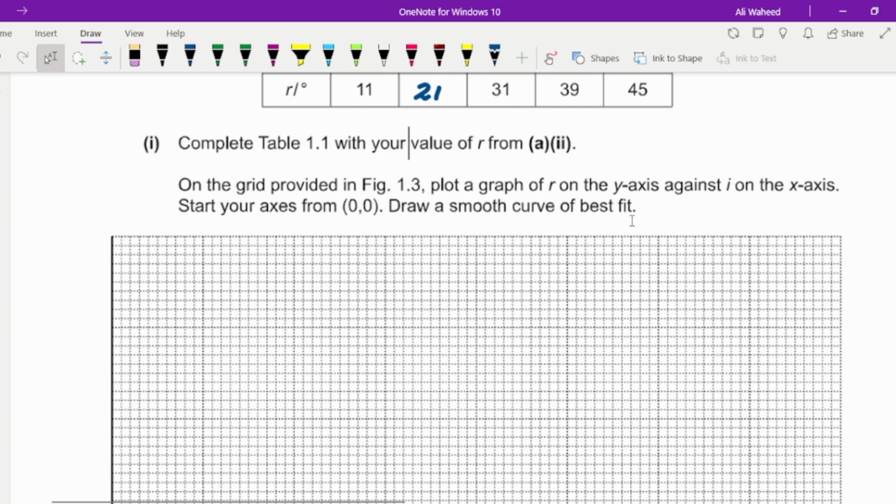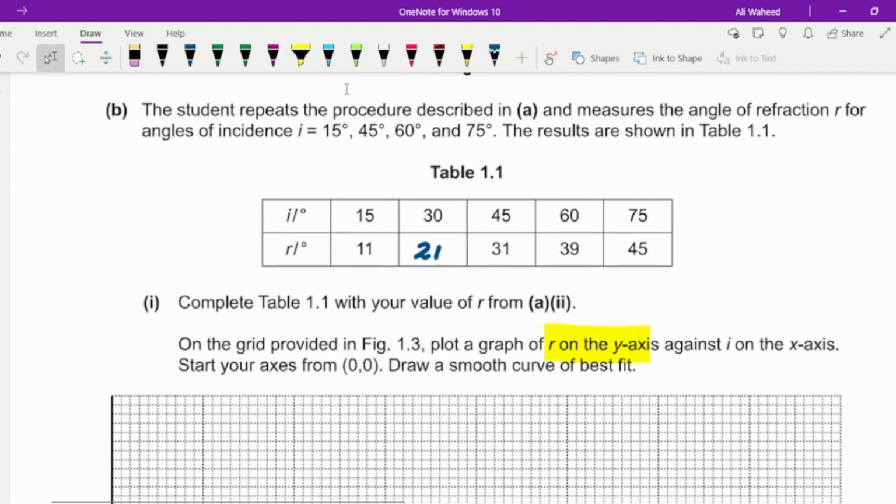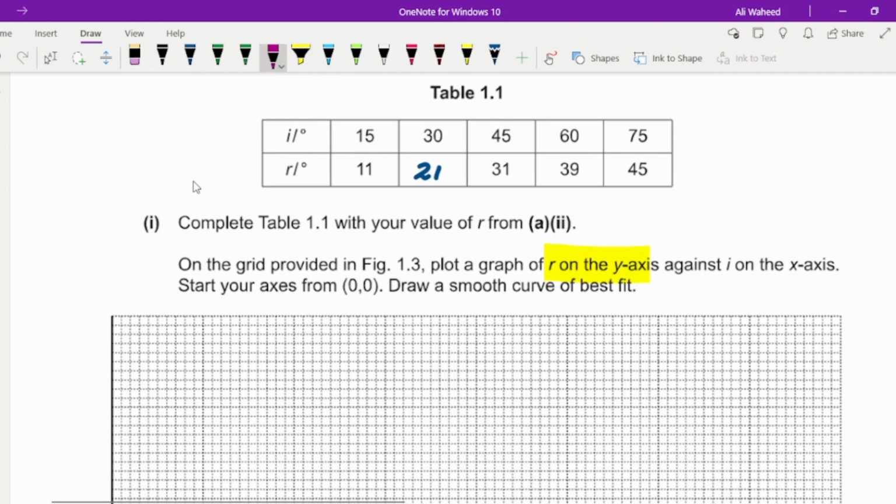Complete table 1.1 with your values of R. We're done with that. On the grid provided in figure 1.3, plot a graph of R on the y-axis. This is the most important thing, that R has to be on the y-axis. I can write over here, this goes on the y-axis, and the angle of incidence I goes on the x-axis.